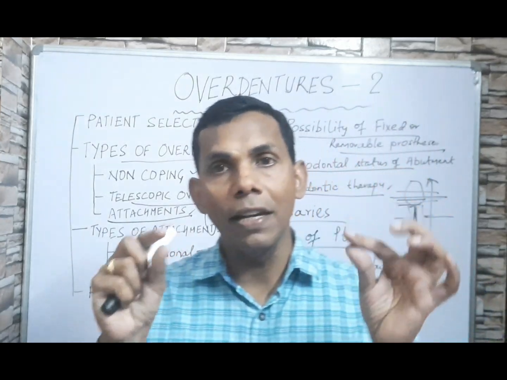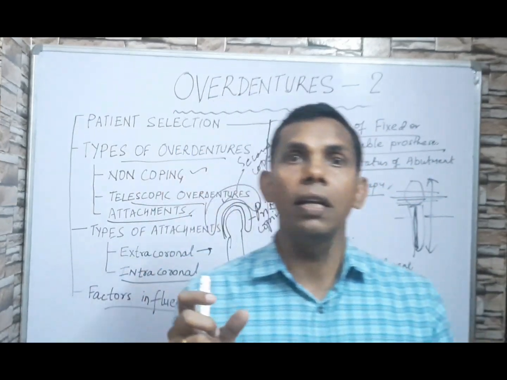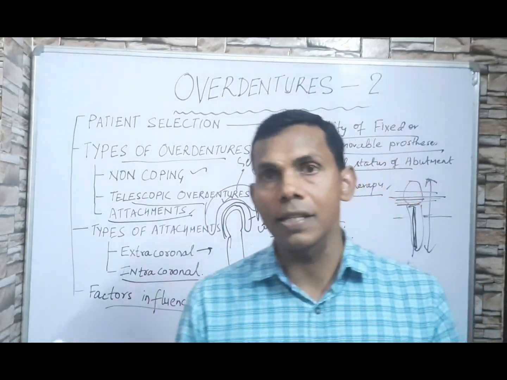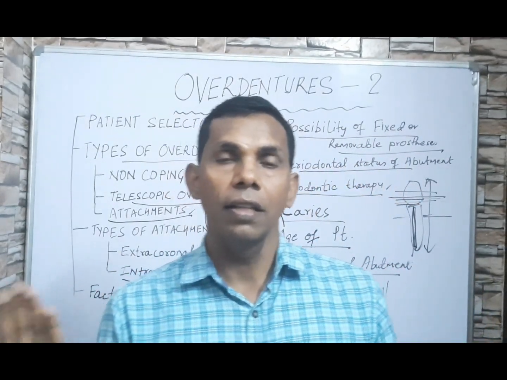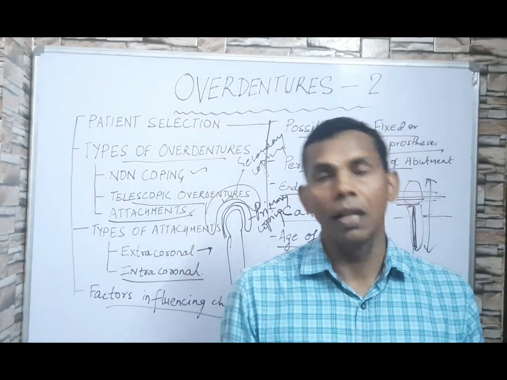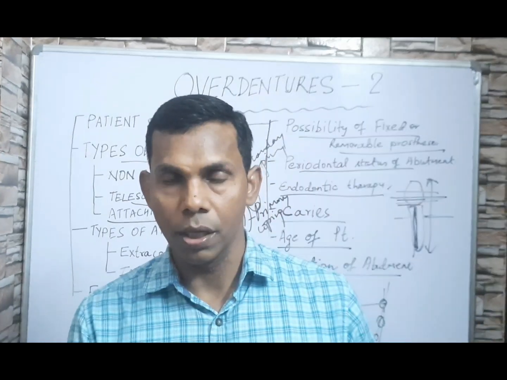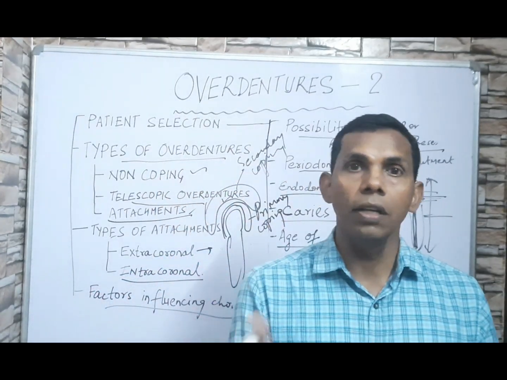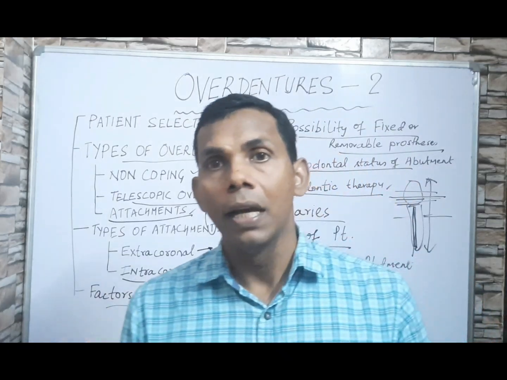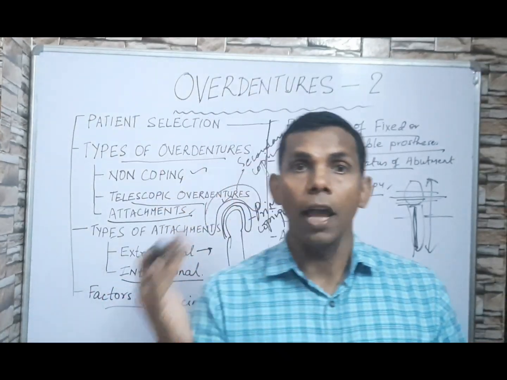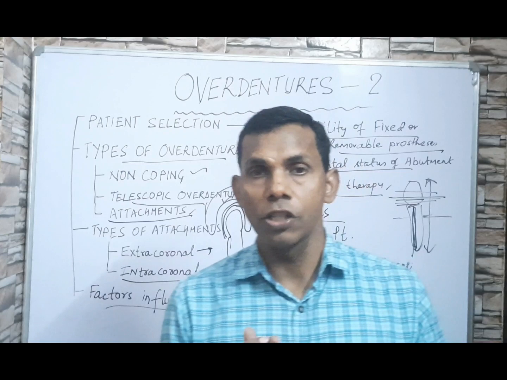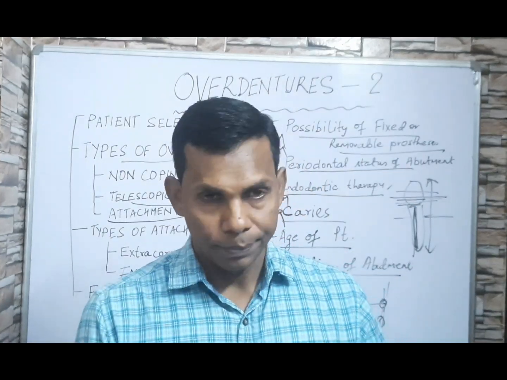And if you have very few teeth, say only 2 molars are present on either side, and rest everything there is no other abutment teeth, then it will be a tooth and tissue supported prosthesis. So accordingly you have to make a choice between the type of copings, the type of overdentures, which type of overdentures you are going to select.